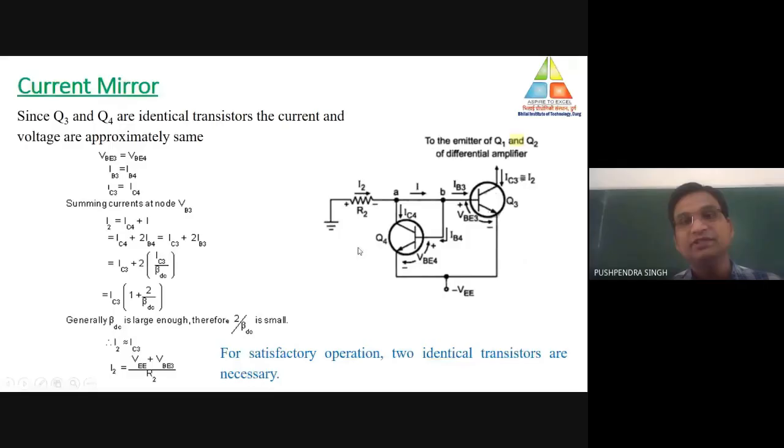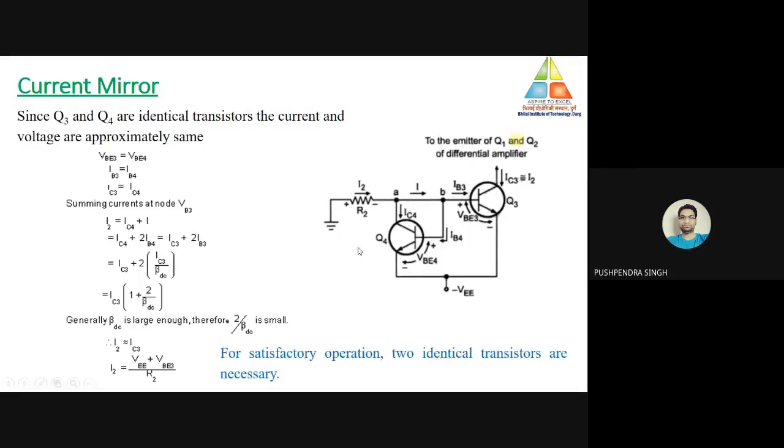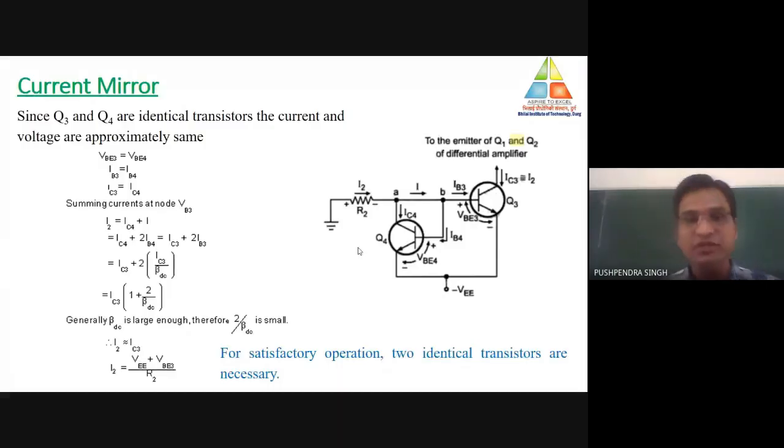That means, as per the definition of the current mirror circuit, the output current is the mirror image of the input current, and from this expression we are also getting the same result. But what is the necessary condition for the deduction of this expression? That both the transistors should be identical.